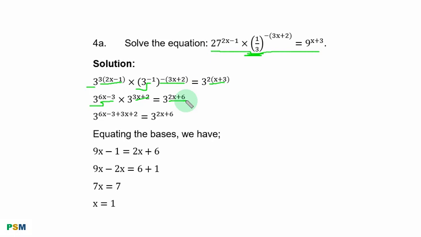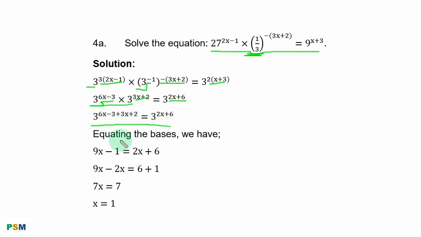You simplify the left hand side using the multiplication law of indices, which states that when numbers with the same base are multiplied, their powers are added.